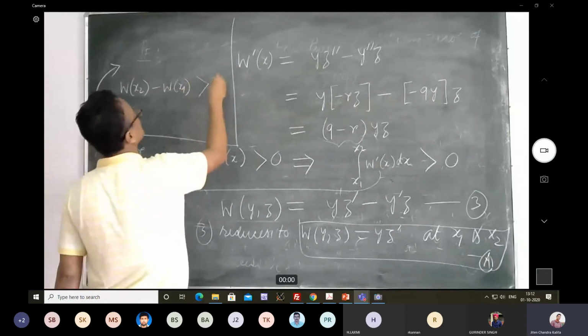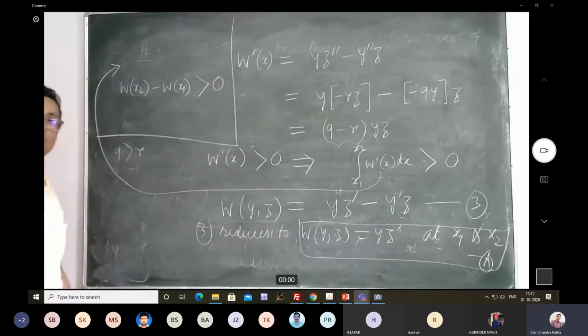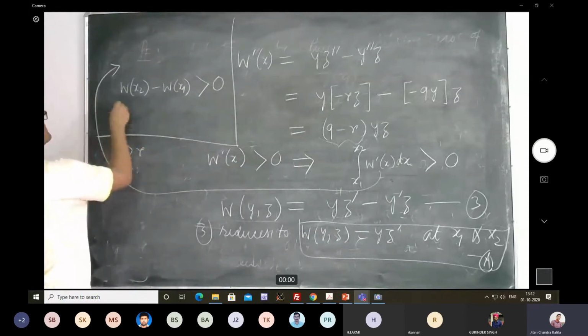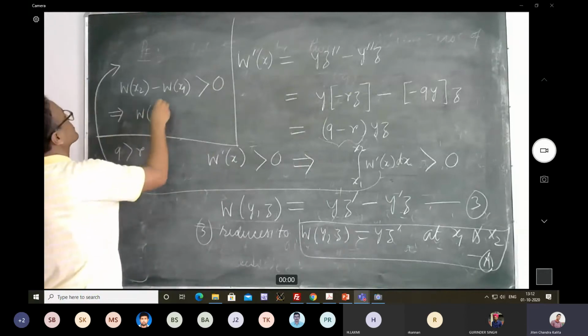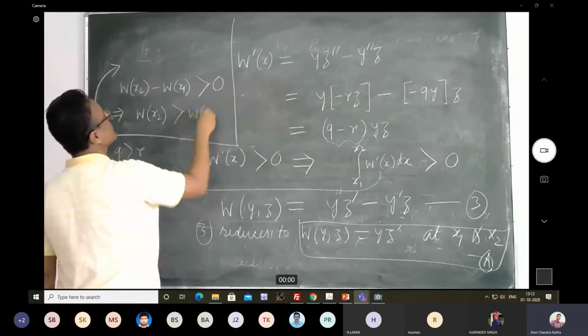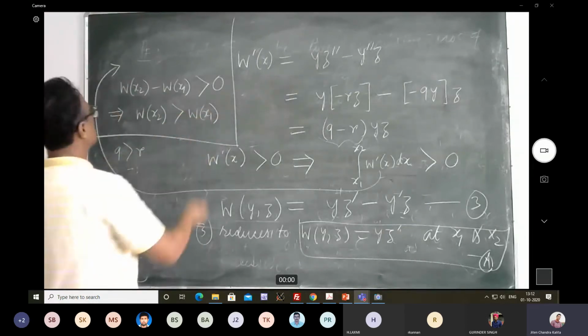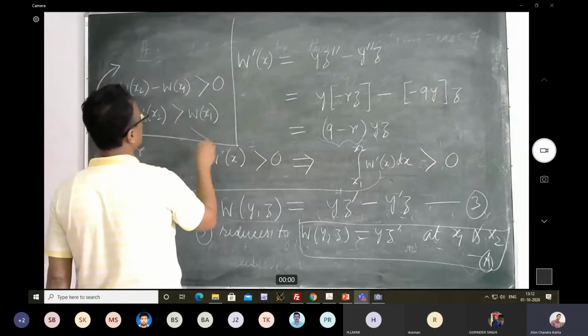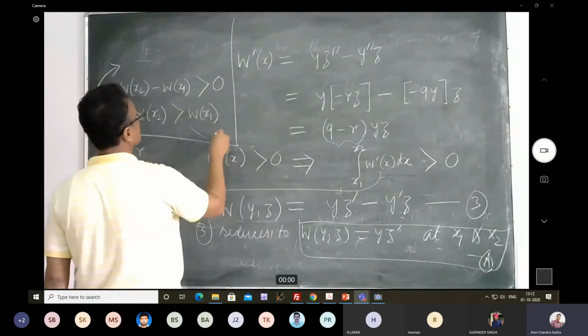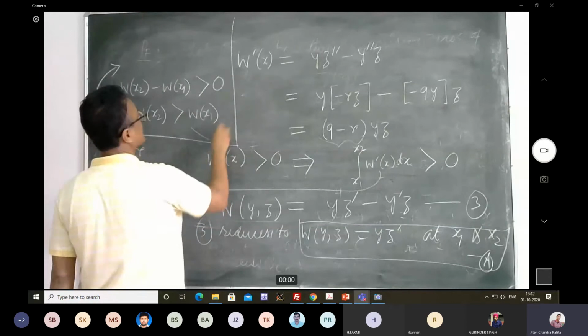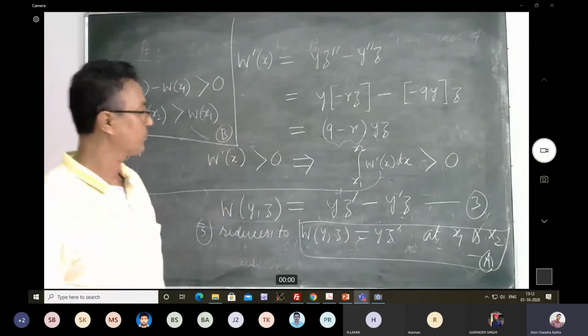So this is greater than 0, which implies W(x2) is greater than W(x1). Let me call it B.